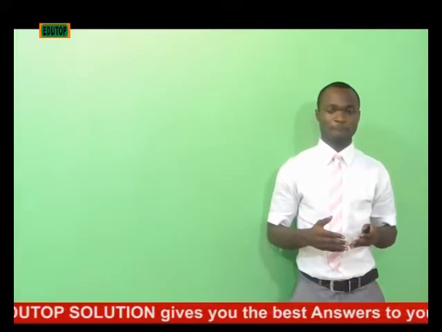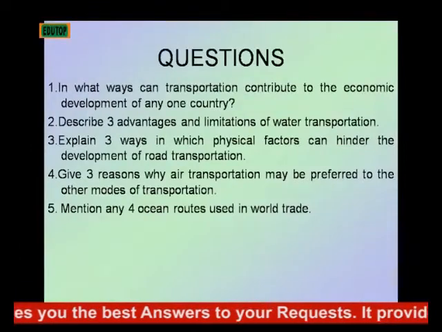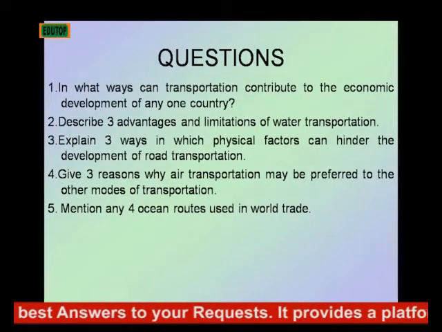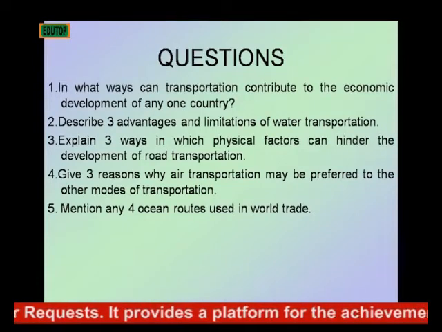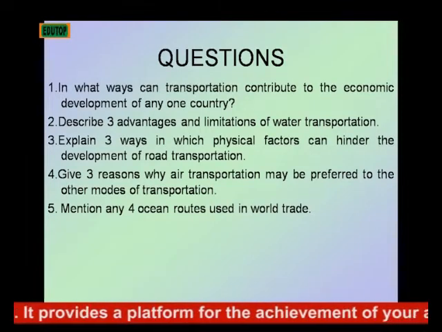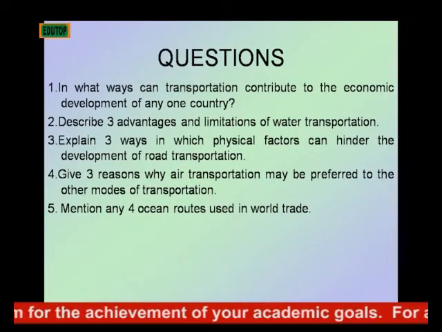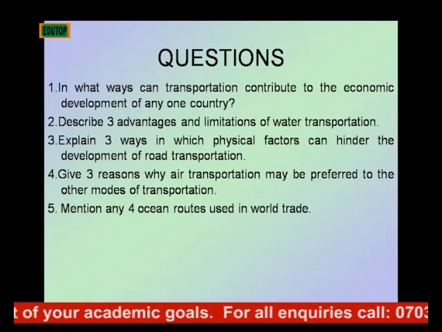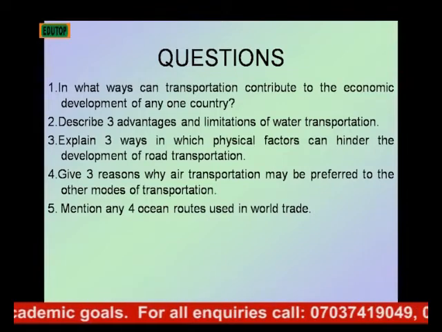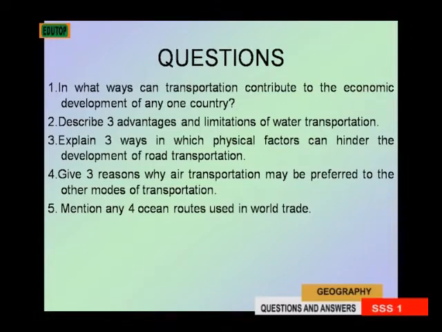Take the following questions under transportation. Number 1, in what ways can transportation contribute to the economic development of any one country? Number 2, describe 3 advantages and limitations of water transportation. Number 3, explain 3 ways in which physical factors can hinder the development of road transportation.